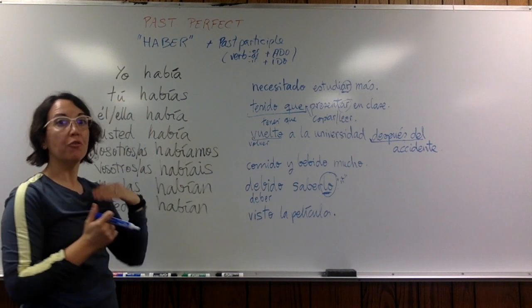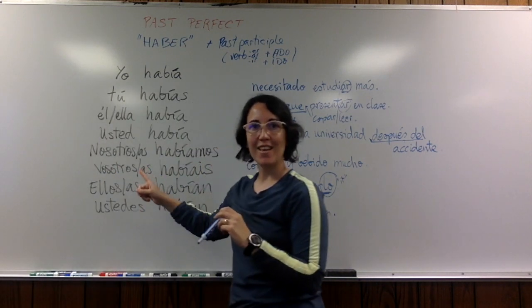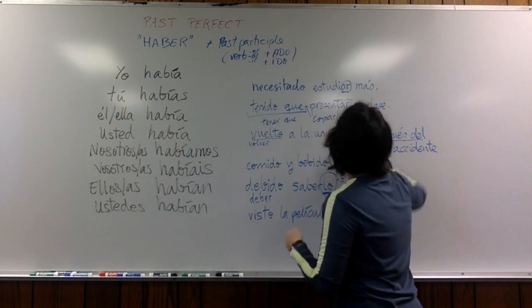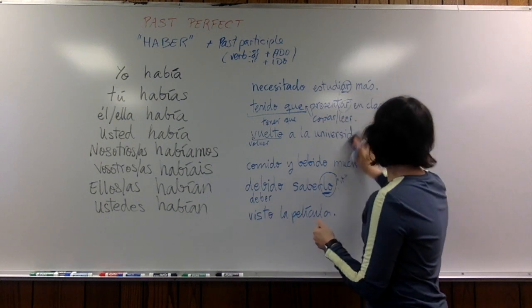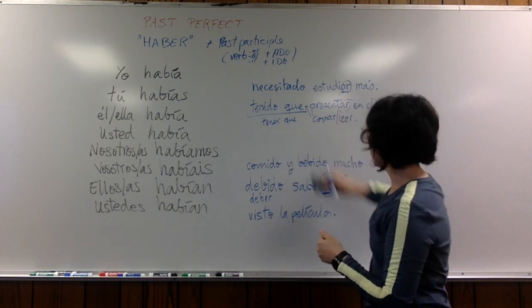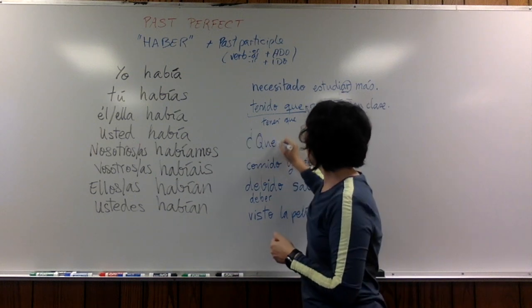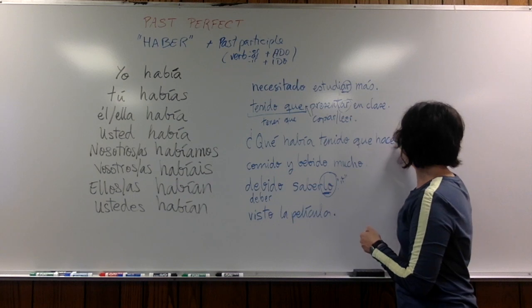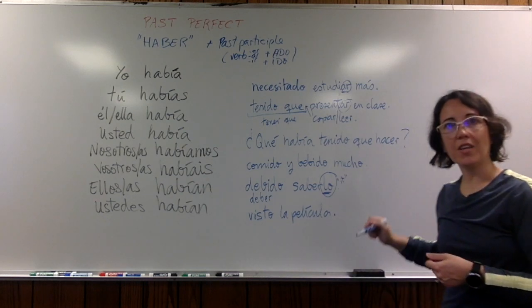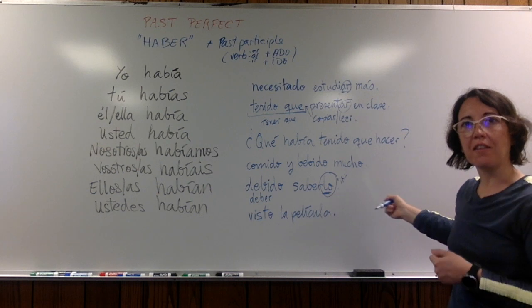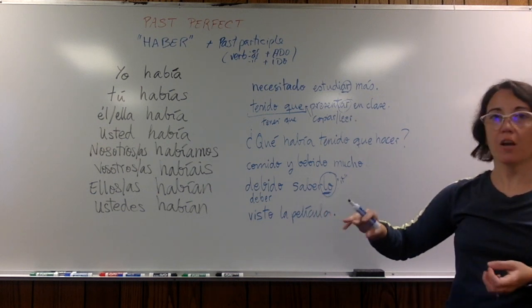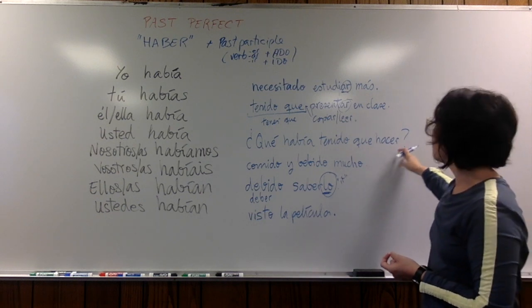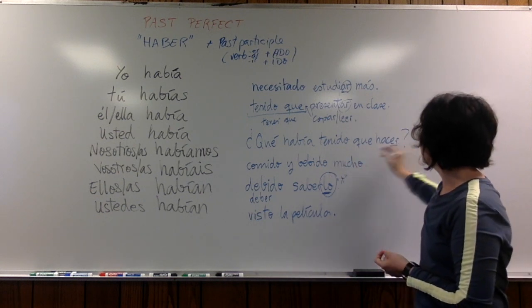Okay. Now for questions, this is the part that we keep too. And we'll substitute this third sentence here by a question. So the question, ¿qué había tenido que hacer? So, in this question, ¿qué había tenido que hacer? It looks very complicated with había tenido que and then the other verb in the infinitive.